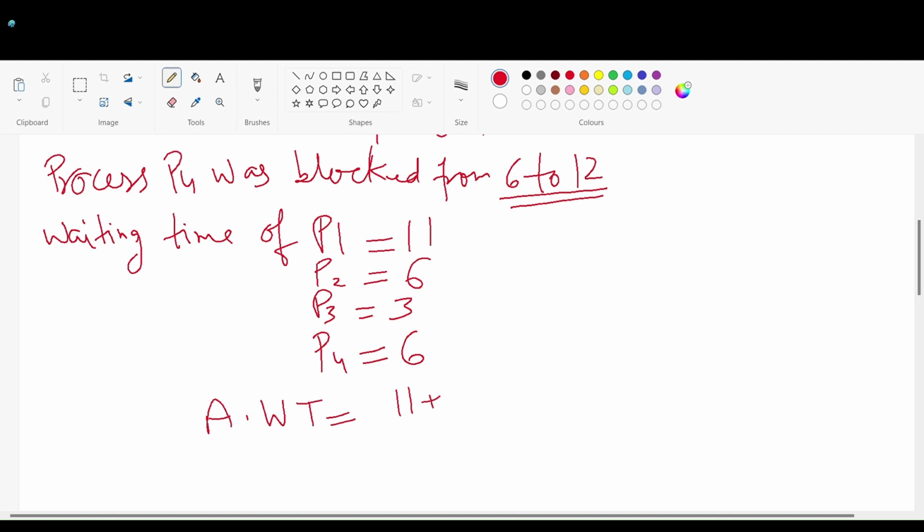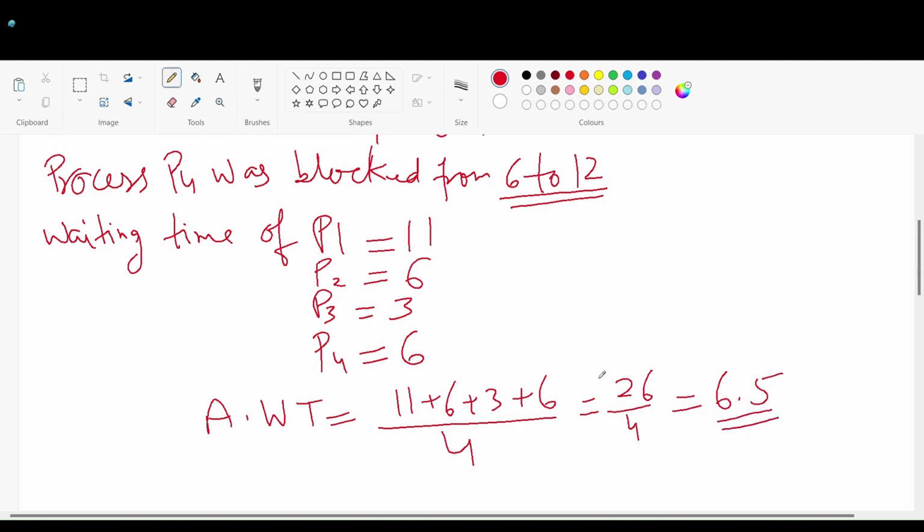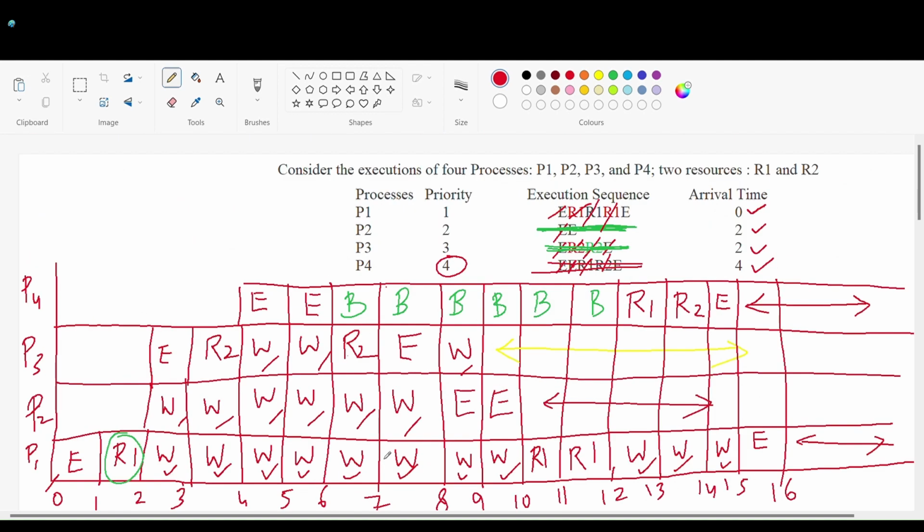So the P4 waiting time is 6. The average waiting time is equal to 11 plus 6 plus 3 plus 6 divided by 4. So 26 divided by 4, 6.5. This is the average waiting time.